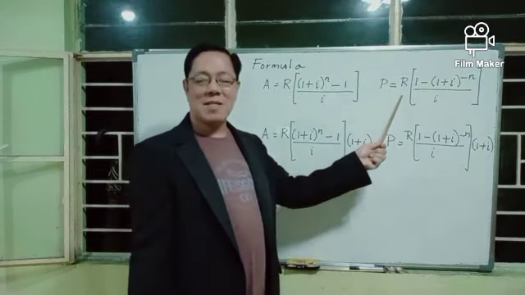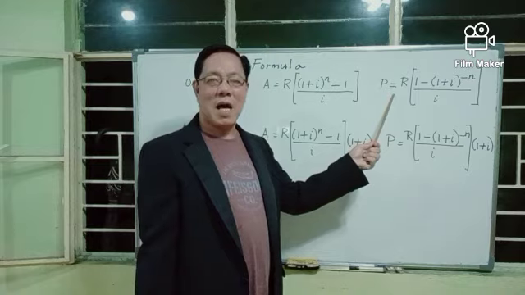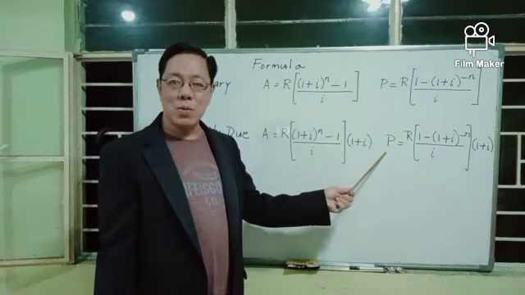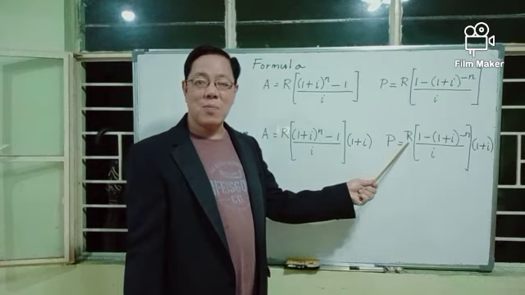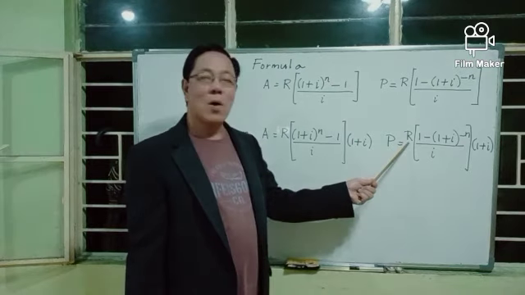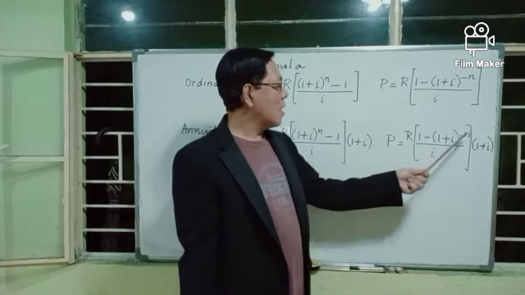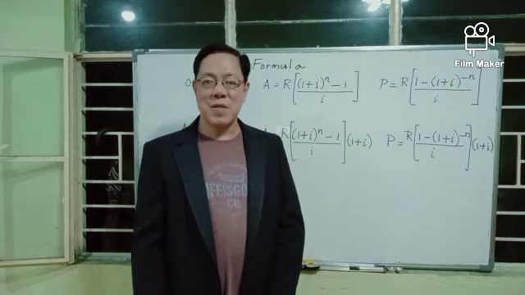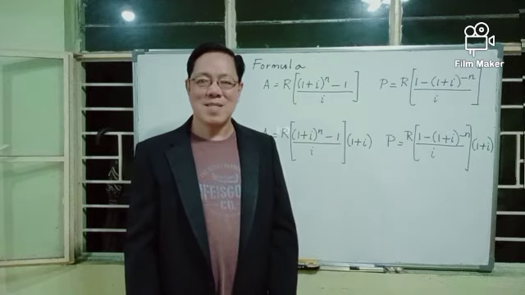If you multiply the right-hand side of the formula for calculating the present value of an ordinary annuity by the factor 1 plus i, you get the formula for calculating the present value of an annuity due, where capital R is the amount of regular payment to be made at the beginning of each payment interval, small i is the interest rate per period, and n is the number of regular payments to be made over a given length of time denoted by t in years.